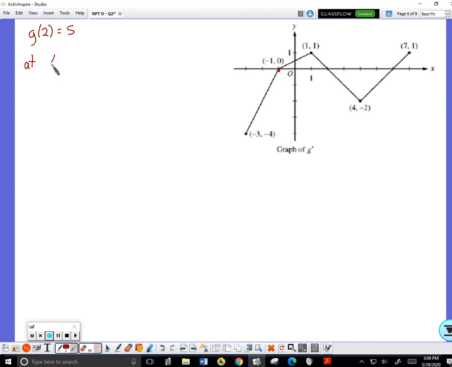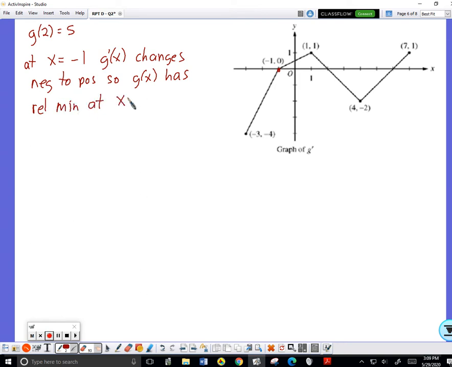At x equals -1, g prime changes from negative to positive. So g has a relative min at x equals -1. So we've eliminated that candidate.